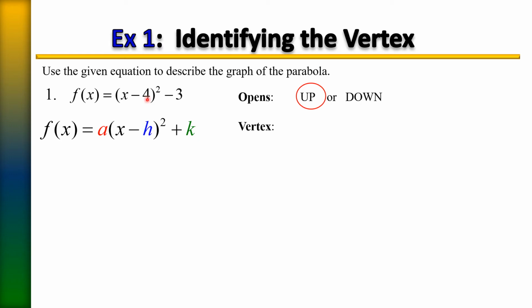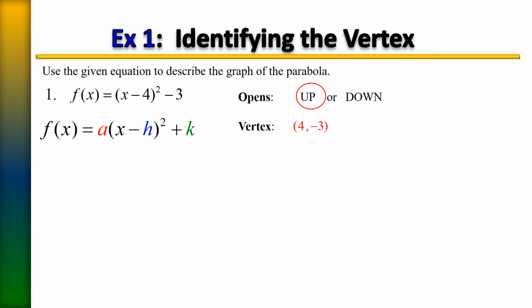So in this case, our x value is a positive 4. Now, the y value is in the back, and vertically it is always as it seems. So if you see a negative 3 in the back, then that is the y value, then it is negative 3. So the vertex will be located at (4, -3).